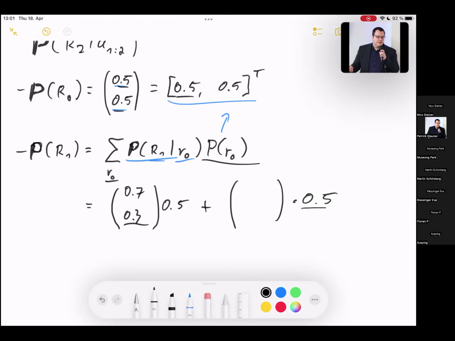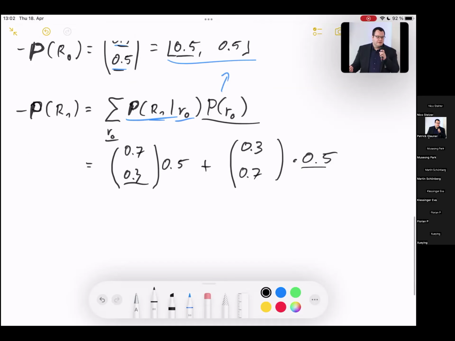And if you look at that transition probability for the negative case, that means if there was no rain the day before, the probability of having rain today is 0.3. And since this needs to add up to 1 with the next entry, it's 0.7.